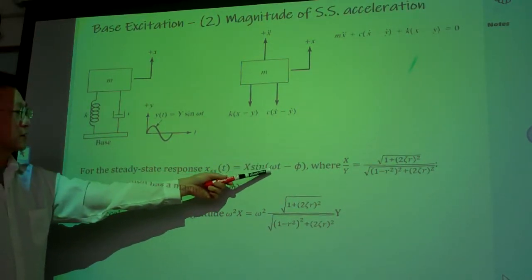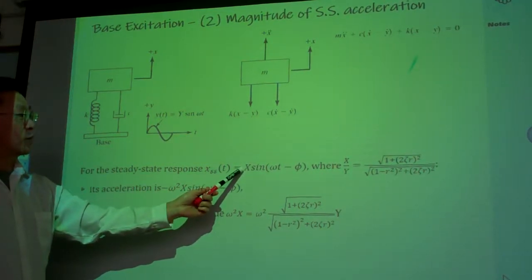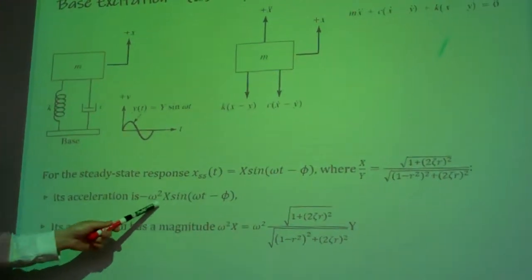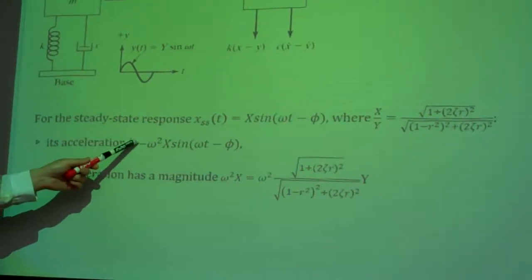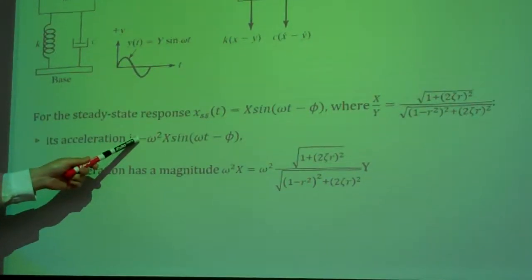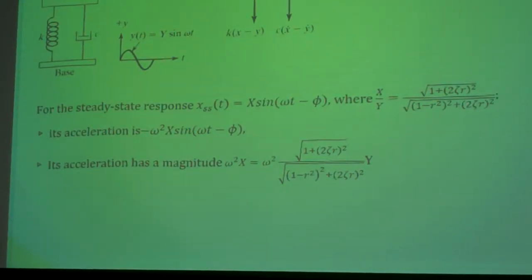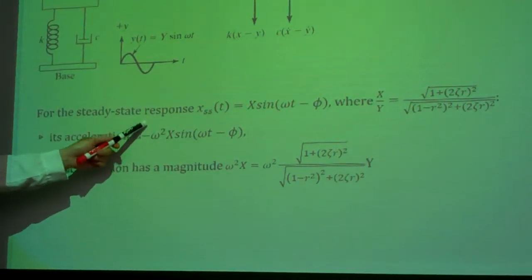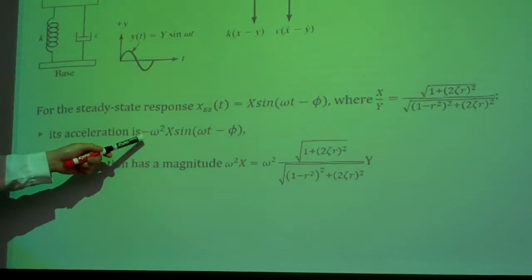Once we take the double derivative, this term will become minus omega squared times x. So that is equal to this term. Compared to the displacement, we simply multiply by minus omega squared. That gives us the magnitude of the accelerations. So again, we simply multiply by this constant, and that will give us the magnitude of the accelerations.